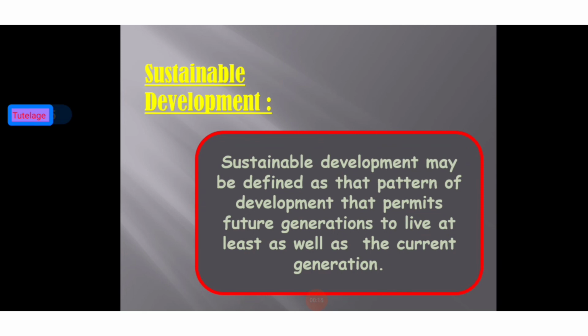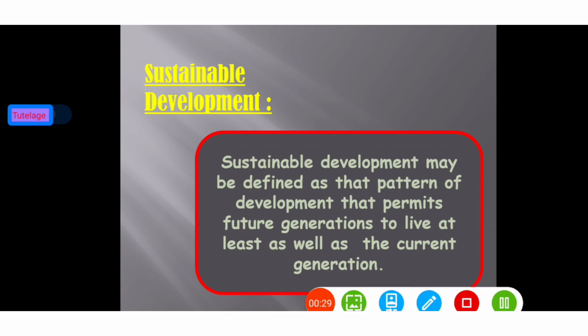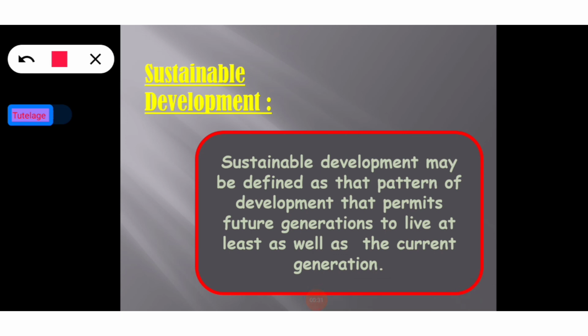Sustainability basically refers to meeting the needs of the present generation without compromising the needs of the future generation. Sustainable development may be defined as the pattern of development that permits the future generations to live at least as well as the current generation.